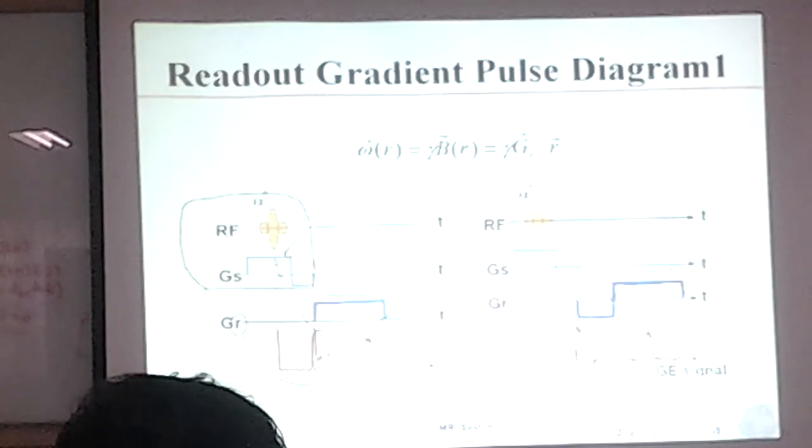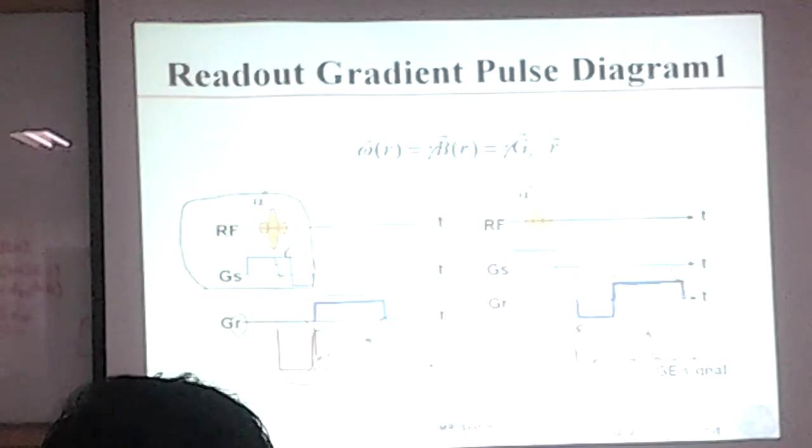Okay. So this signal has the echo form because the dephased signal is regenerated here. So we also call this signal an echo signal, and this signal is regenerated by a gradient pulse. So we also call this signal a gradient echo signal.